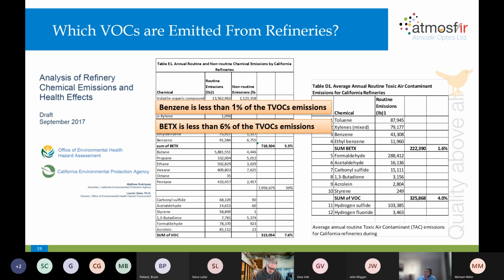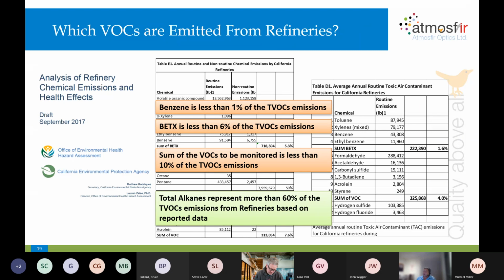So it's not that good either. Other people suggested that we sum all the compounds, the BTEX and the styrene and the formaldehyde, all of them together, and that will be a good surrogate for the VOCs, but actually it's less than 10% of the emissions if you look at it.